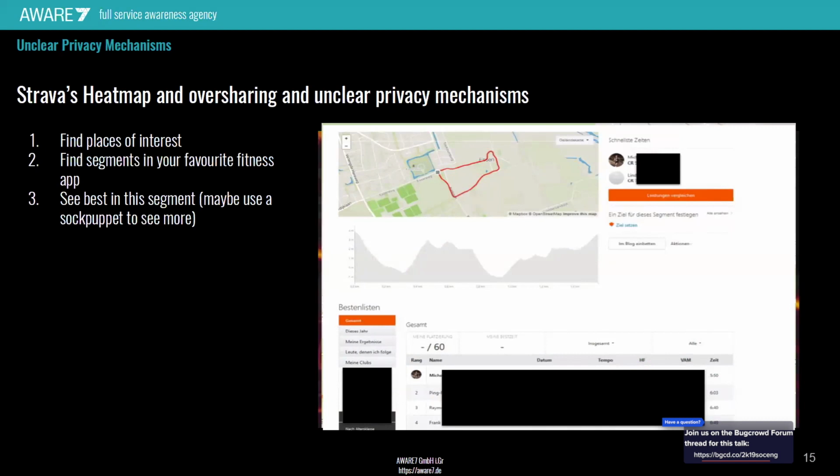But at least in our favorite fitness app, this is pretty hard to achieve because of the way the UI and the UX is designed. And so therefore it's pretty hard for people to hide.